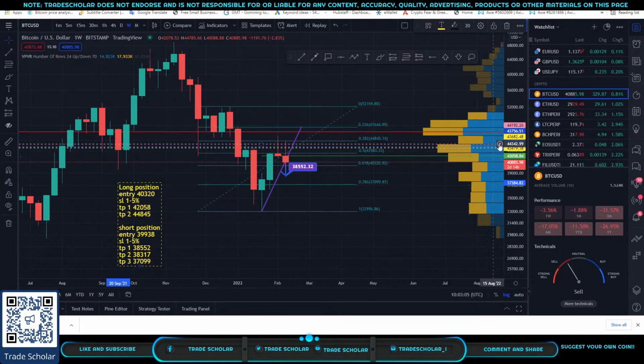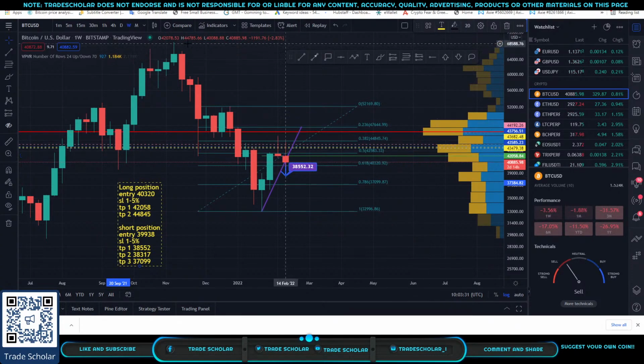Here there is lower volume, not much trading in this area. You can see this as a horizontal support and resistance. The bigger the trading volume, the stronger the support or resistance.